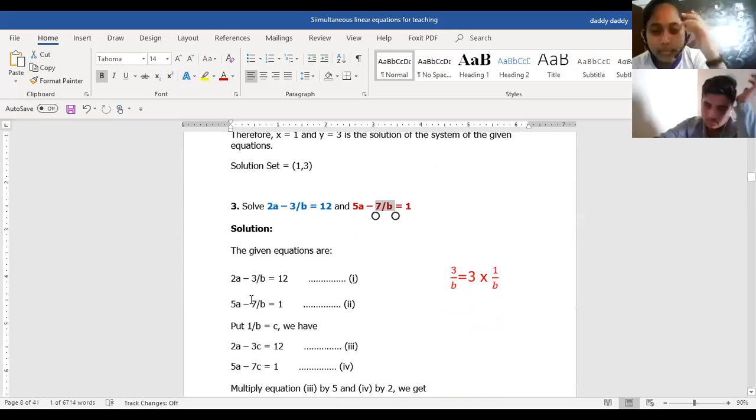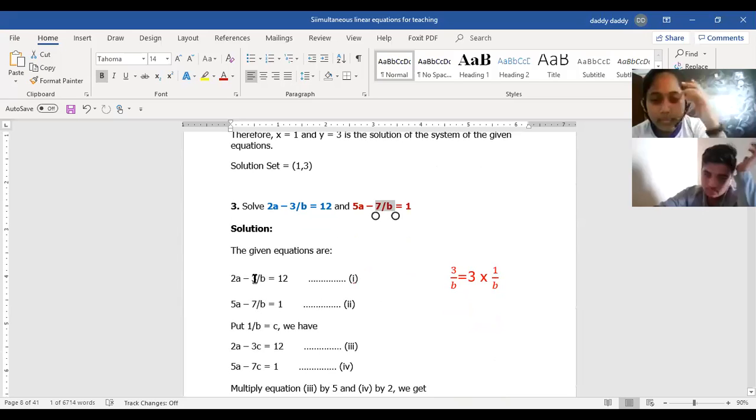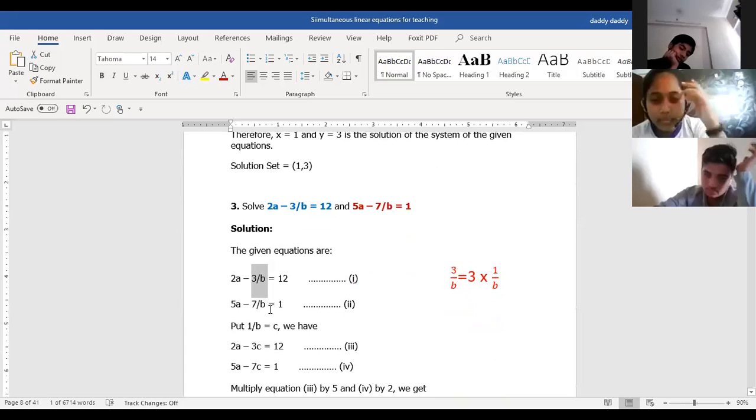The two equations are written and they are numbered. Now what I have done is, instead of 3 upon b, I have written 1 upon b as c. See this red thing, this c over here: 3 upon b can also be written as 3 into 1 upon b.